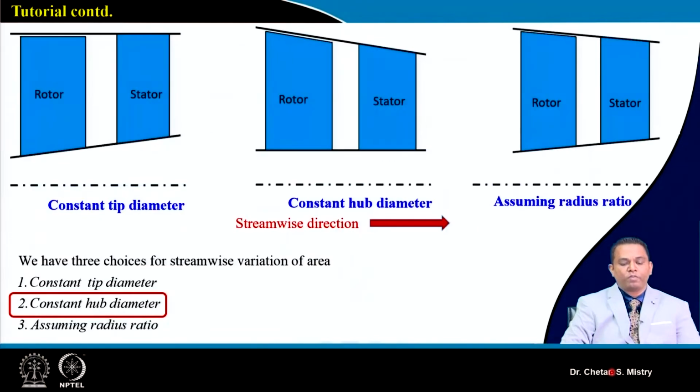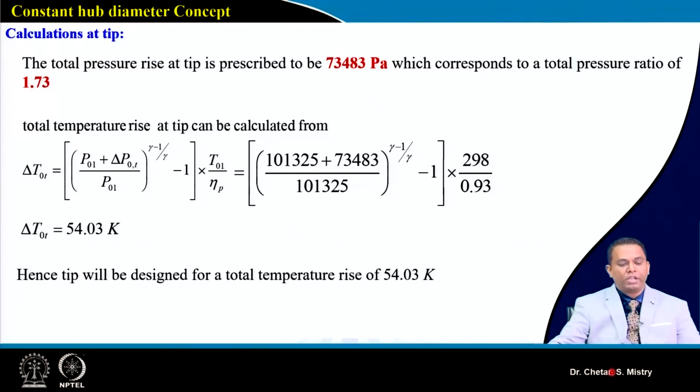So let's move forward. For the tip station, as we have assumed our pressure ratio near the hub station to be 1.5, in line with that let's assume our pressure ratio near the tip station to be 1.73, and that gives my delta P0 to be 73,483 Pascal.